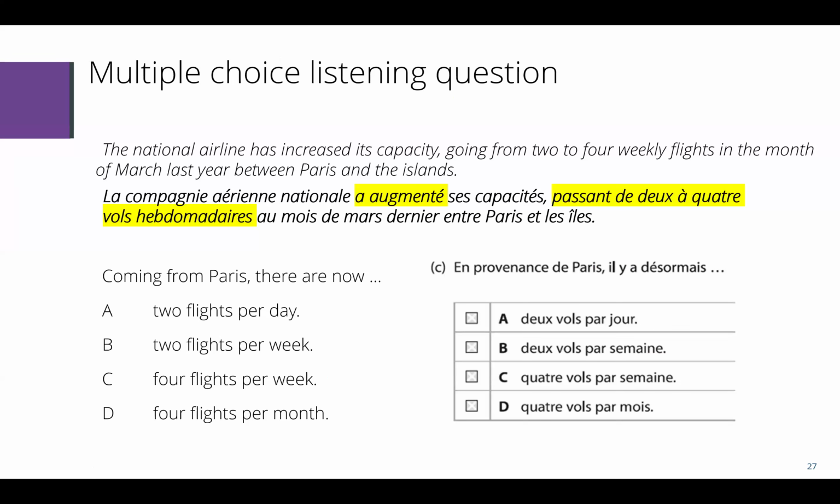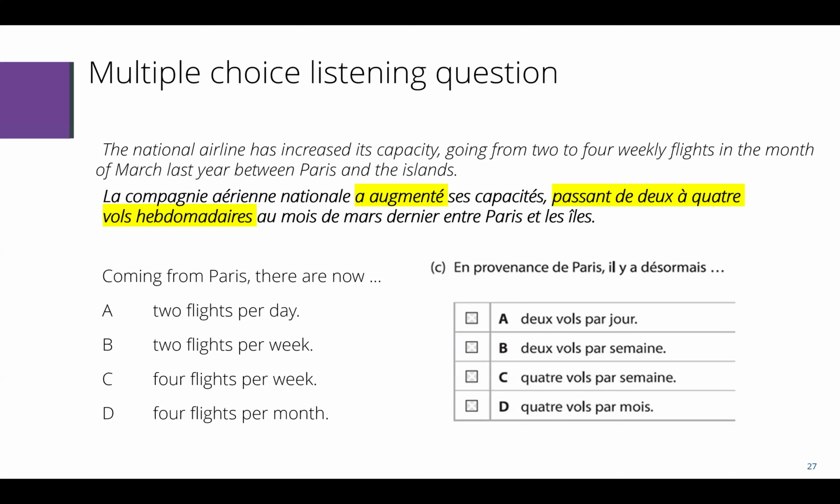the multiple choice, I think we looked at this last time, but it's in French and it's also in English for those folks that don't have French. So multiple choice questions rely on things like synonyms or paraphrase, and so you can see that you've got lots of things here which says passant de deux, so it's going from 2 to 4 weekly flights.